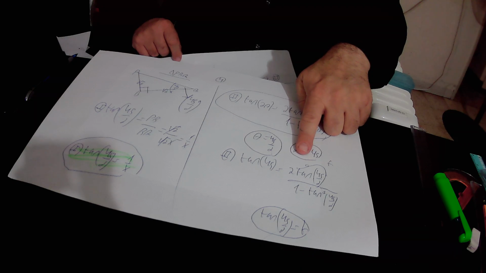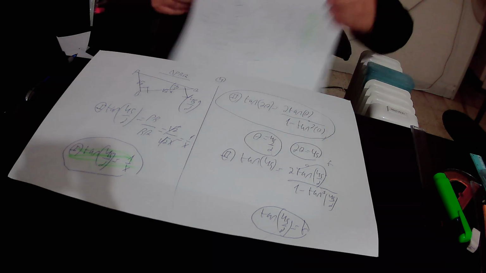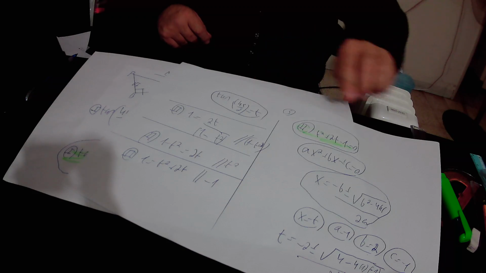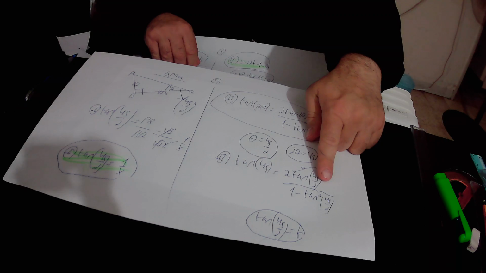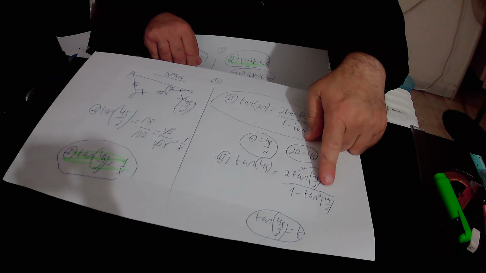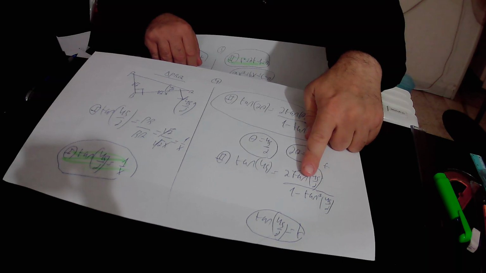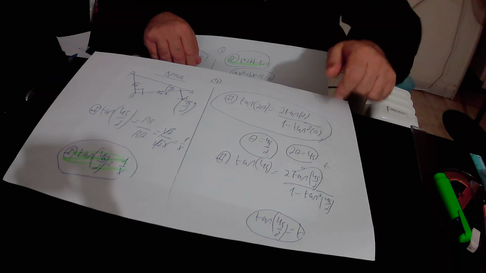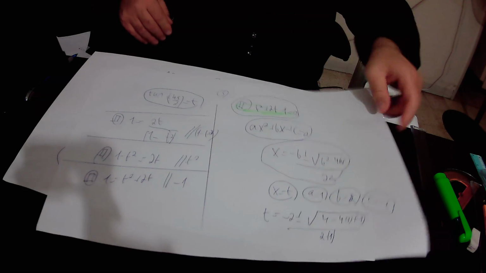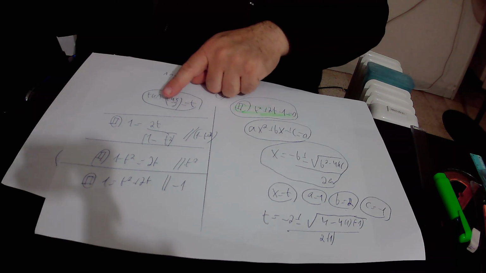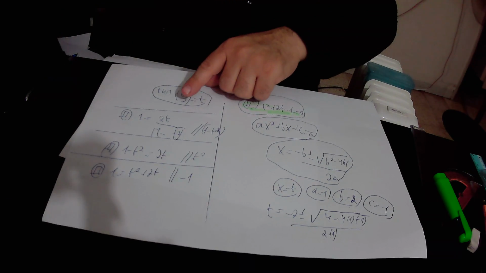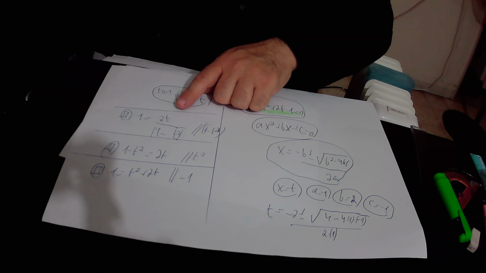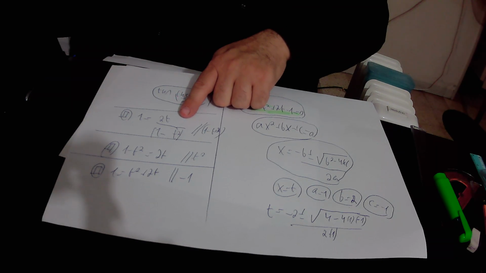So in the numerator we have 2t. In the denominator we have 1 minus tangent square 45 over 2 degrees, which equals 1 minus t square. So in total, 1 equals 2t over 1 minus t square.